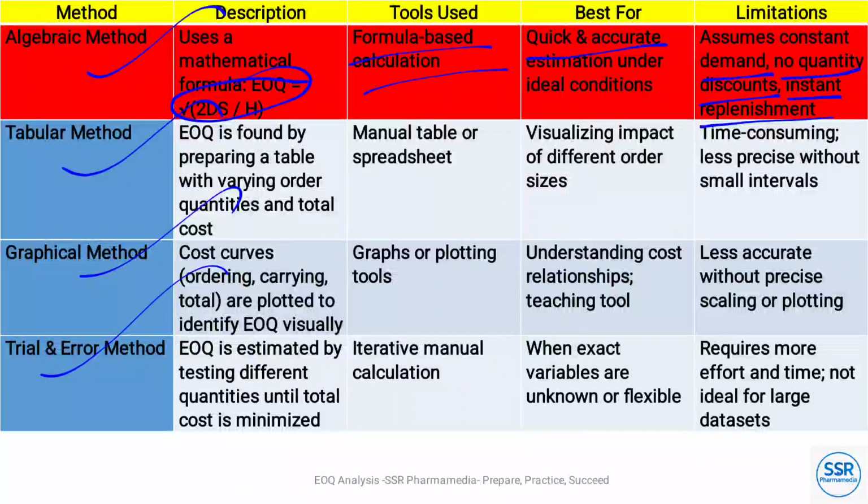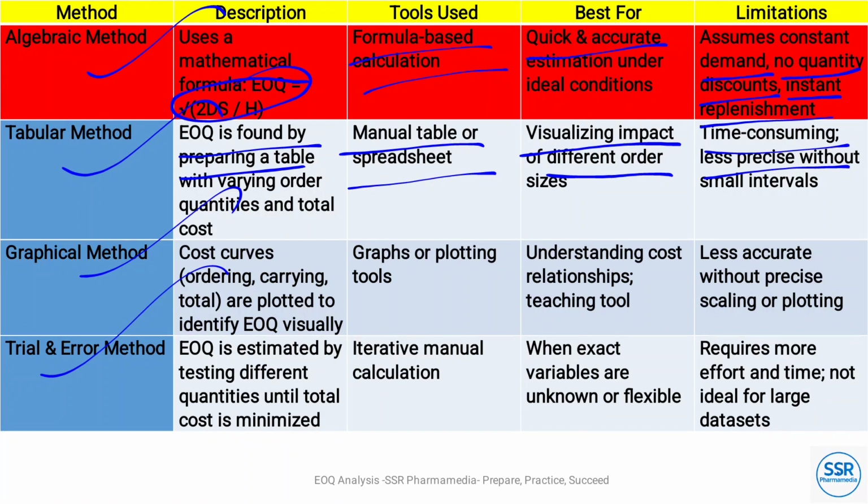And the tabular method means EOQ is found by preparing a table with varying order quantities and total cost. Tools used are a manual table and spreadsheet. It is best for visualizing the impact of different order sizes. The limitation is that it is time consuming and less precise without small intervals.